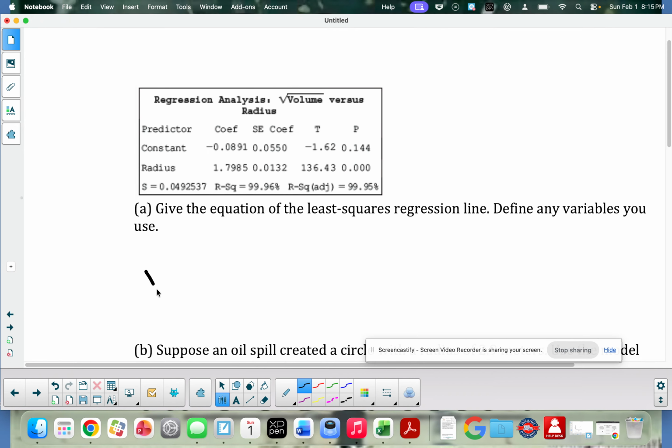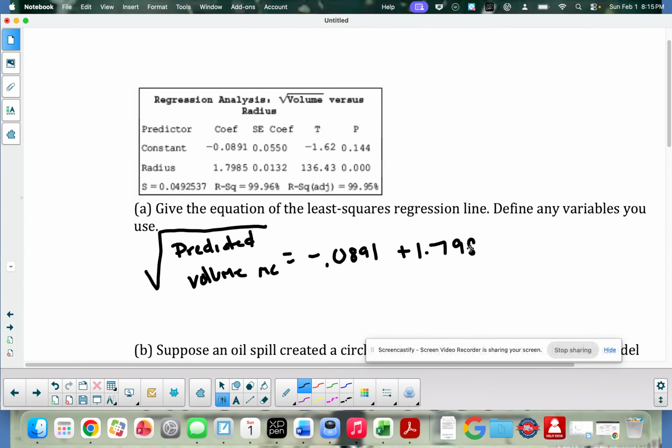So there's kind of a little shortcut to this one, since we did take the square root of the whole thing. It is the square root of the predicted volume, in milliliters, equals negative 0.0891 plus 1.7985 times the radius in meters. Okay, so again, very straightforward. Taking a look specifically at what they did to it, all you have to remember is that you're putting that into the equation when you write it.